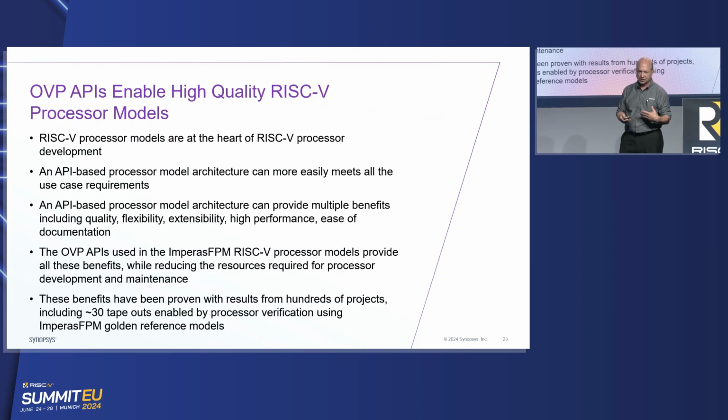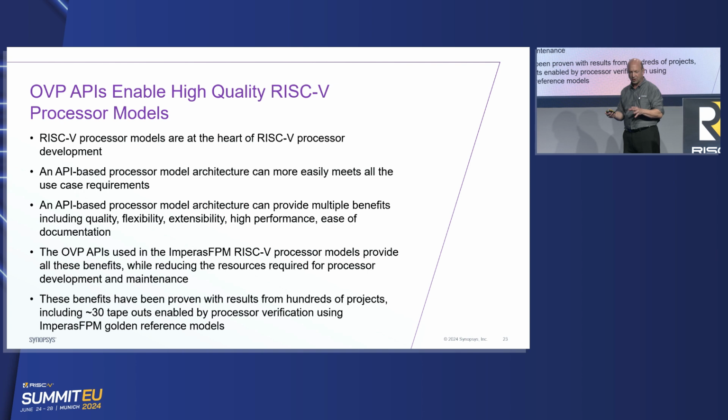So just summing up here, the RISC-V processor models are at the heart of RISC-V processor development, all those different use cases. The API-based model architecture more easily meets all these use case requirements. Also, the API-based architecture provides additional benefits: quality, flexibility, extensibility, high performance, ease of documentation.